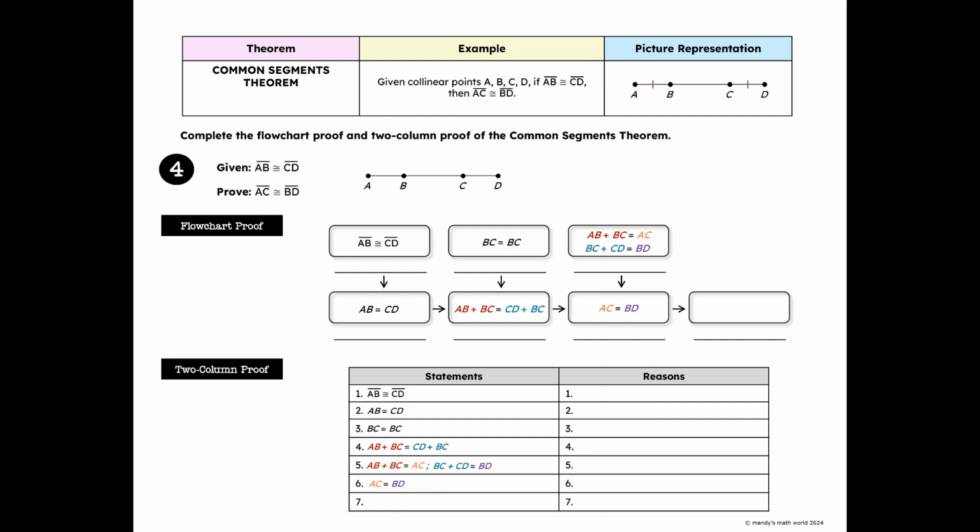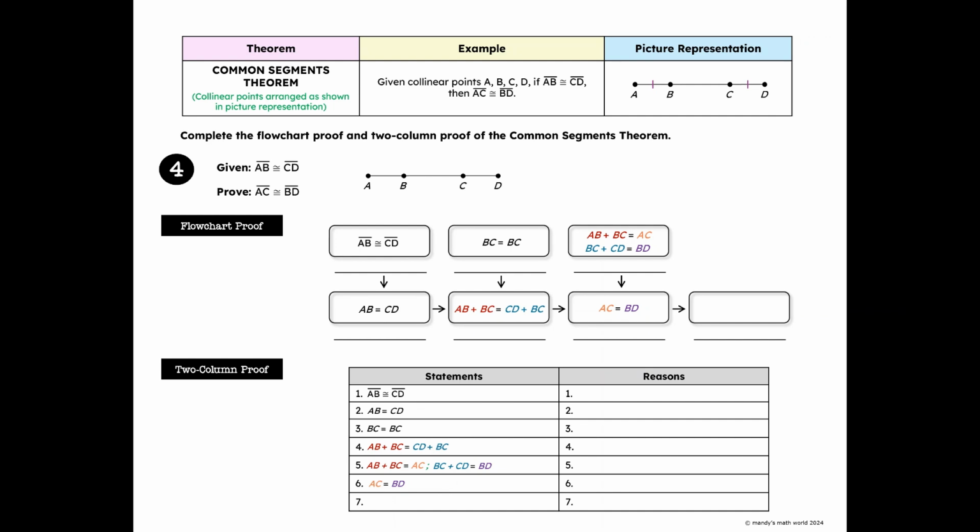I'm going to introduce a new theorem today because there are so many theorems and postulates to talk about as you work through proofs in geometry. I'm going to be slowly introducing you to theorems. The common segments theorem shows that collinear points on the same line are arranged as shown in the picture.